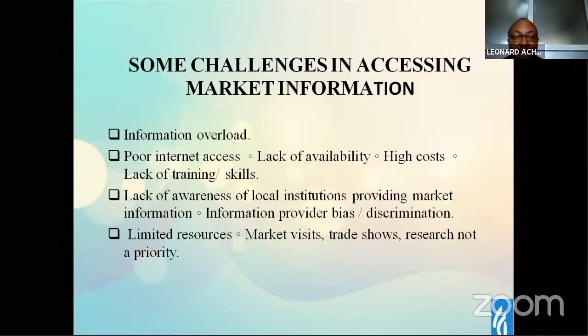We have the Nigerian Export-Import Bank, NEXIM, we have the Nigerian Investment Promotion Council, and a whole lot of those institutions. Many entrepreneurs are not aware of these institutions, but we are telling you on this platform that this is the information that you can get.